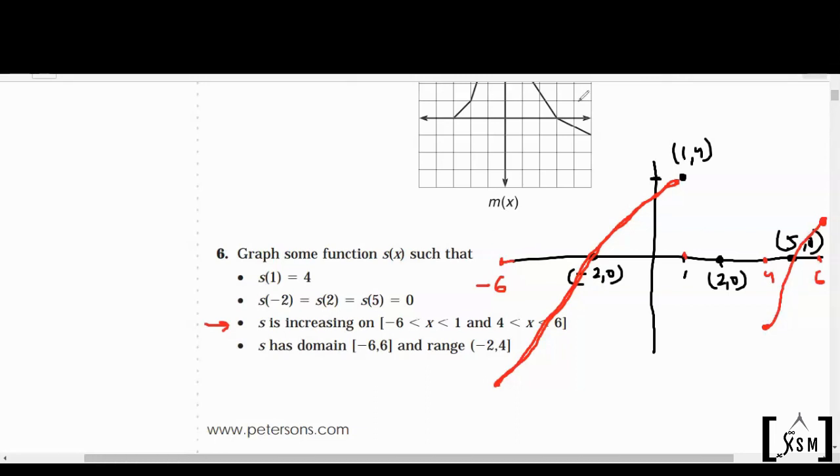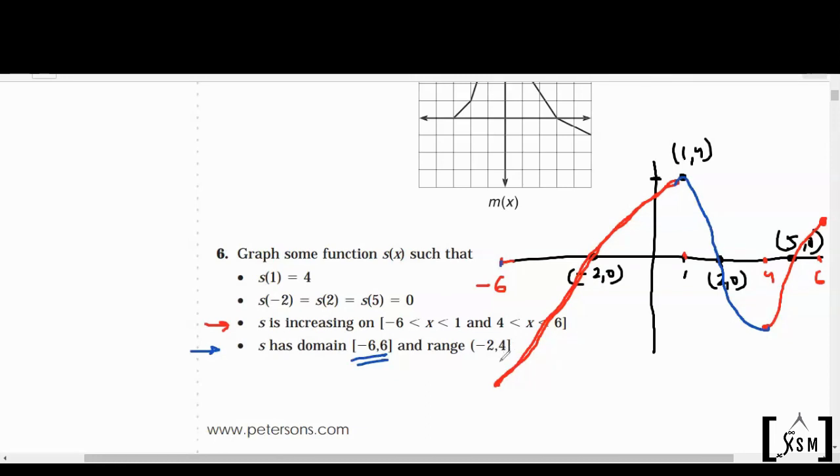And then with other conditions, S has a domain of minus 6 to 6. So from minus 6 to 6, the function is to be defined all the way. So here will not stop, will make the graph return back and then like this. By doing so, we have connected the x value all the way from minus 6 to positive 6.